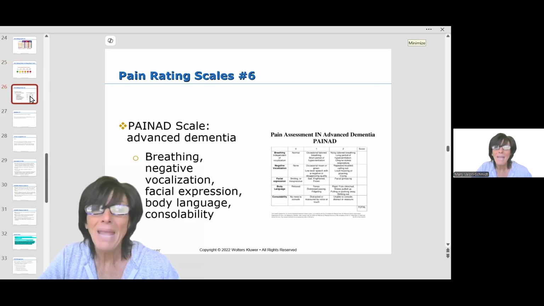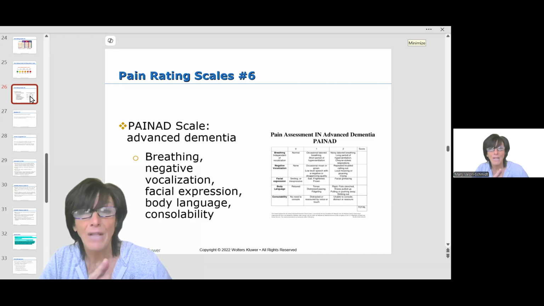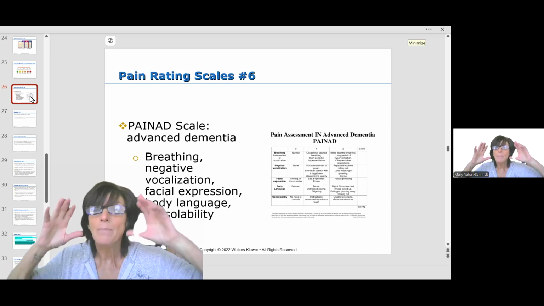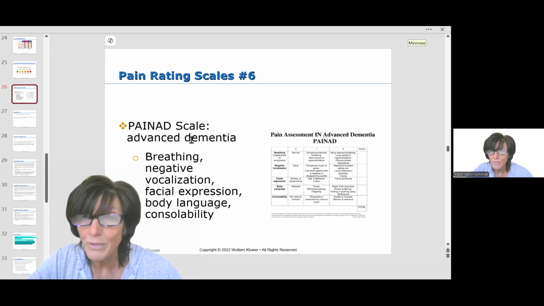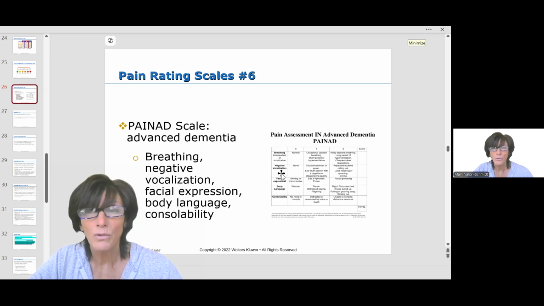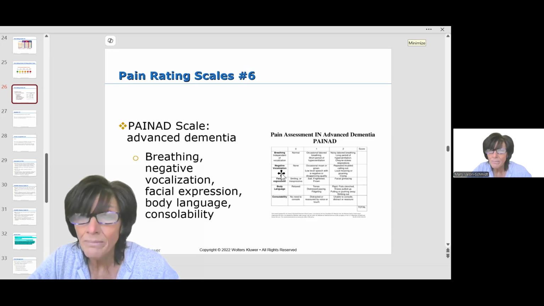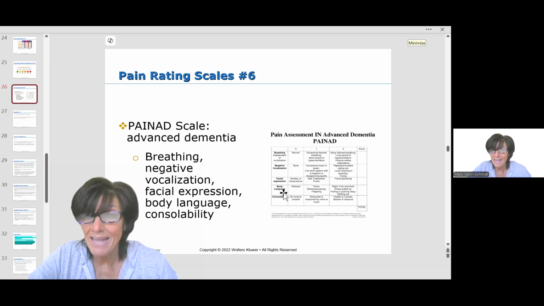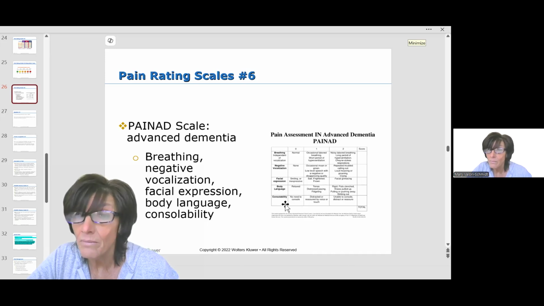Then there's something called the PAINAD scale, and that's used for patients with advanced dementia. It's kind of like the FLACC scale because it's done by observation. We're looking at their breathing, any negative vocalization. Are they moaning or groaning? What's their face look like? Are they grimacing or frowning? Body language, relaxed or rigid and tense? And can we console them?